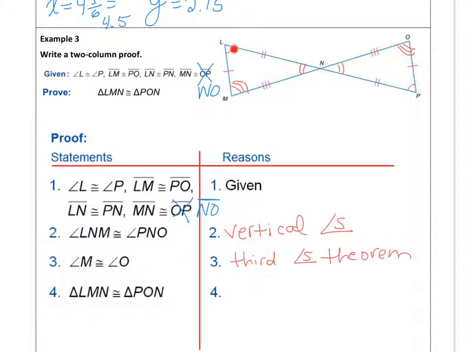Well, all of the corresponding angle pairs are congruent and all the corresponding sides are congruent. So we're just going to say all corresponding parts are congruent. So they must be congruent.